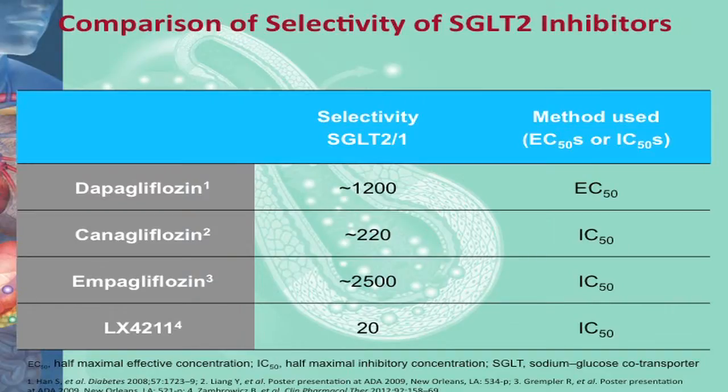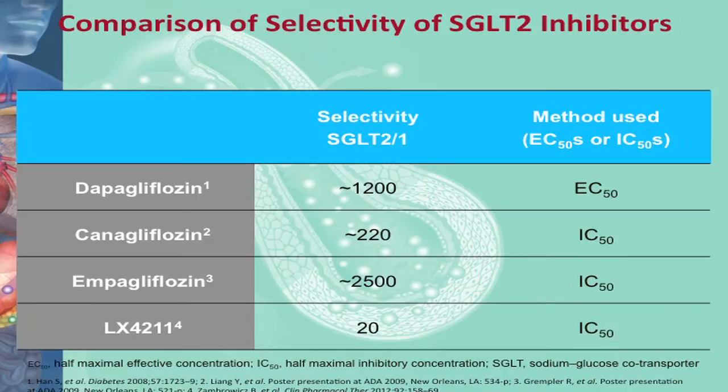Now, when we look at the selectivity for the SGLT2 and the SGLT1 receptors, we see that DAPA, IMPA, and CANA have high selectivity for SGLT2 compared to SGLT1, because this is the ratio that we see. But there's much more selectivity for one. You see this is a smaller ratio for CANA than for these other two drugs.